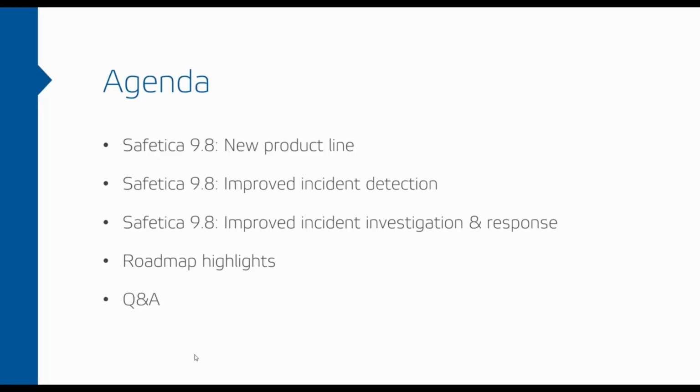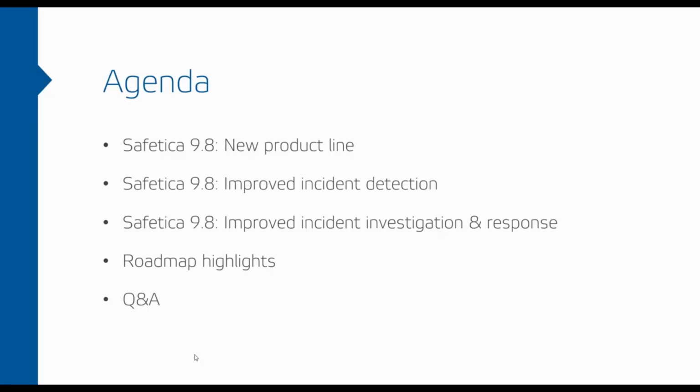We'll also introduce some new improved incident detection features. So from the new version, we can now detect sensitive data in new ways. I'm very happy to see how it goes, if you have any questions for that. Then regarding improved investigation and response, there are some new features, like we improved the shadow copy, for instance, and some other stuff.